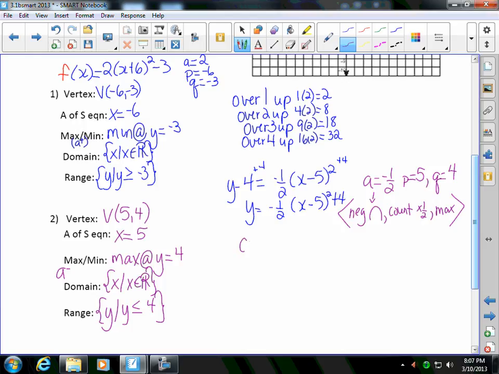So then the only thing left is the count. Normally I would go over 1, up 1 squared, but this time I have that 1/2. And I wrote down up, but actually because it is negative, it's going to go down.